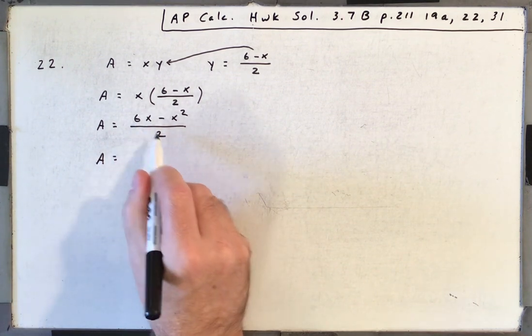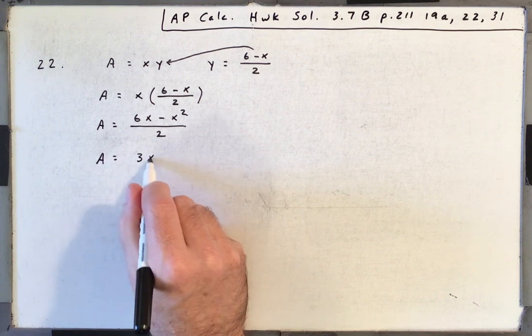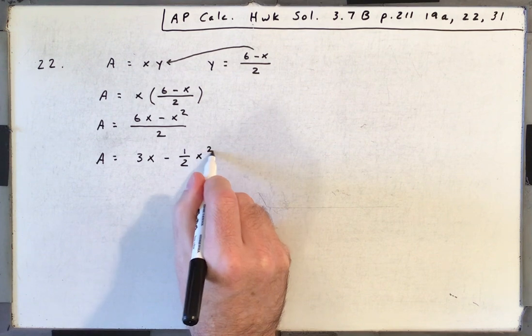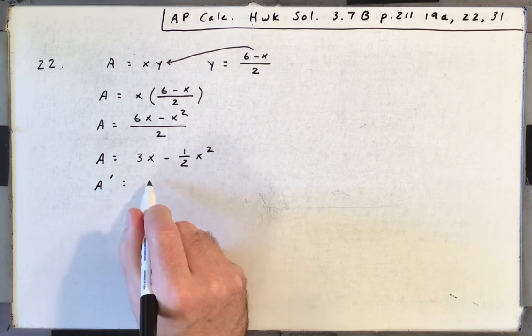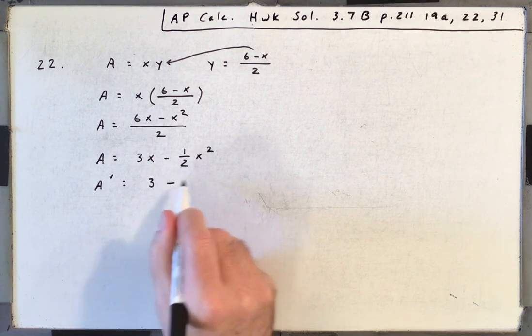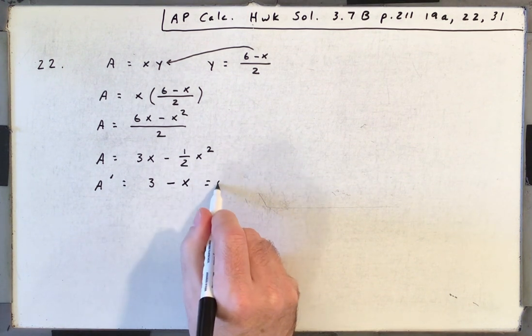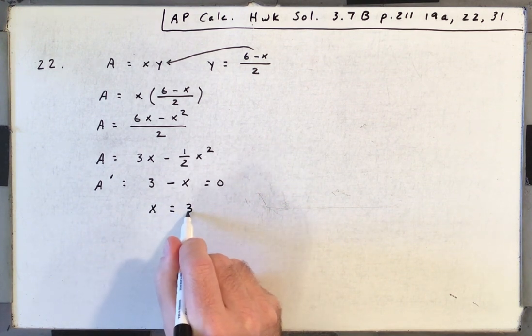And then I'll divide 2 into each one of the terms in the numerator, so that would be 3x minus 1/2 x squared. So finally I can take the derivative. That would be 3 minus 2 times 1/2 is 1, so 3 minus x. Set the derivative equal to 0. So x is equal to 3.